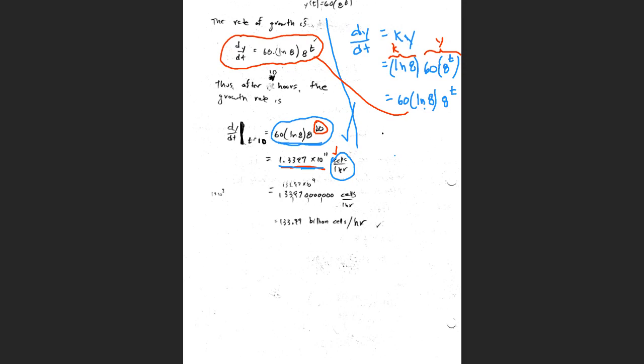Well, what we can do is take the 1.3397, leave it there, and the 10 to the 11th power, I can write as 10 squared times 10 to the 9th. Let me clear this. I want to write it a little more nicely.